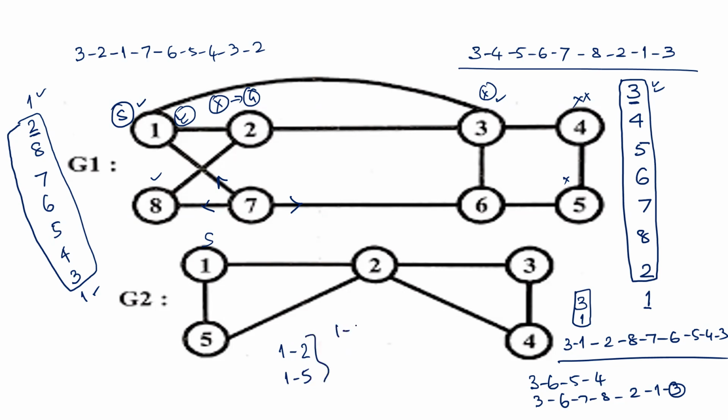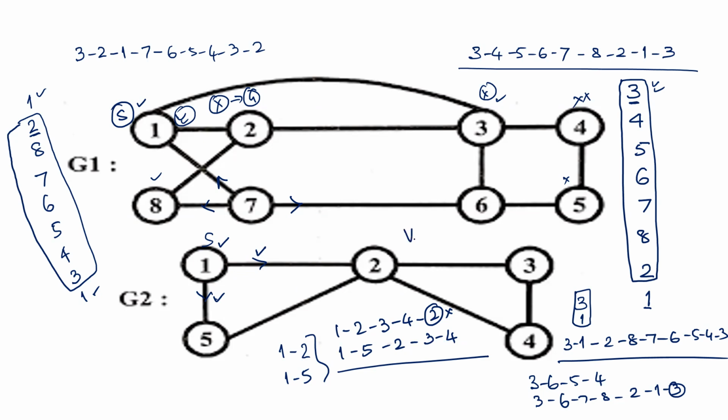If you start from 1 to 2, 2 to 3, 3 to 4, and then 4 to 2, you get stuck. Or 1 to 5, 5 to 2, 2 to 3, and 3 to 4, but it is not coming back to 1. So it is clear that from both these edges, there is no cycle possible from vertex 1.